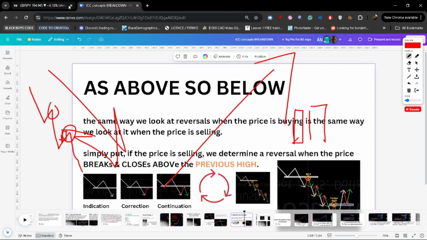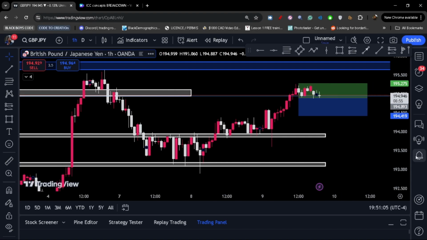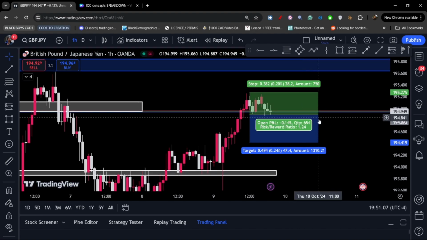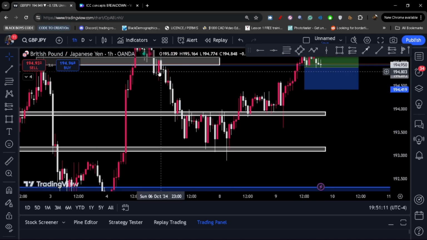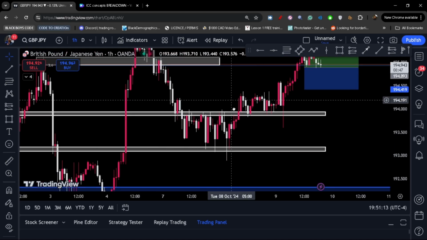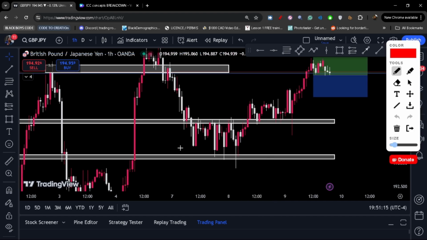So if I go back to my chart, you're going to see that right now, as we speak, price was in a sell trend. Now we can actually read this market. Price was in a sell trend up until here. Price created a low here, and this low was created by this high right here. Why? Because it has at least 2 buy candles in the case of a downtrend.